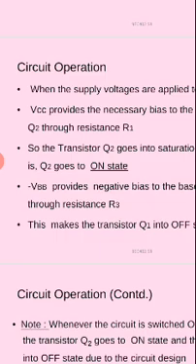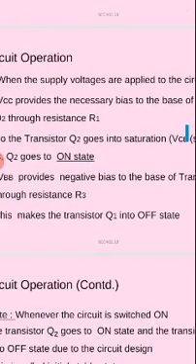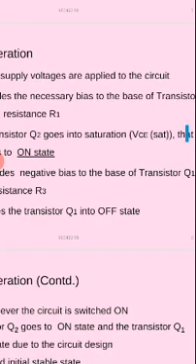Minus VBB provides negative bias to the base of the transistor Q1 through resistance R3. This makes the transistor Q1 go into off state.